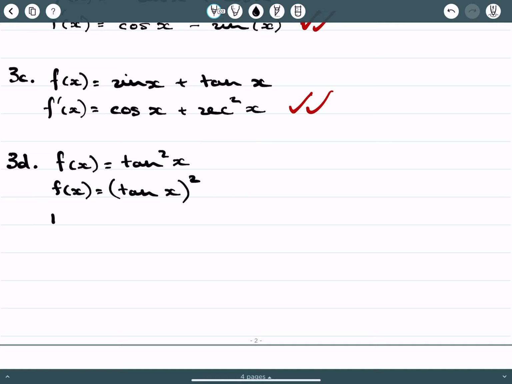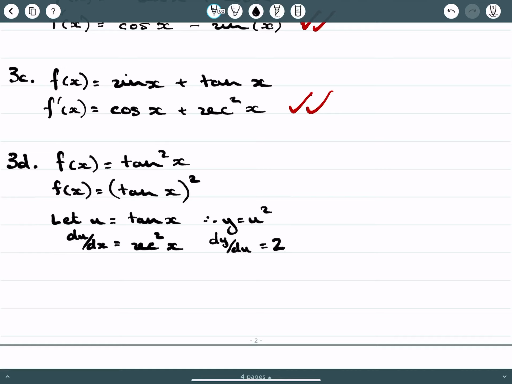Let u equal tan x, du/dx equals sec squared x, therefore y equals u squared, and dy/du equals 2u.